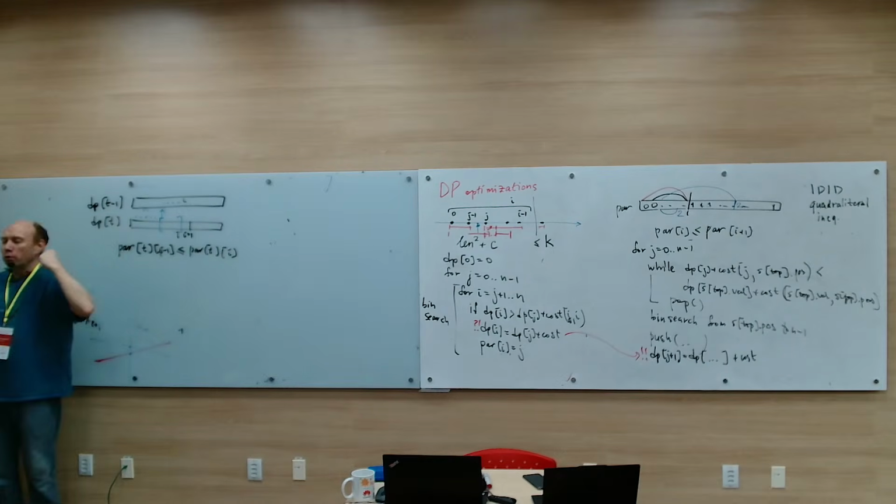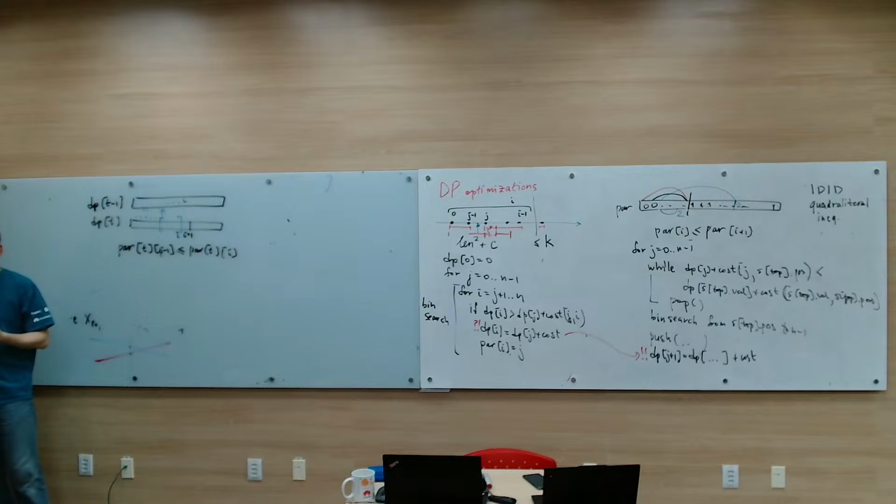It actually gives linear time because you only move forward, but it doesn't necessarily give the optimal value, because the function cannot be assumed concave.